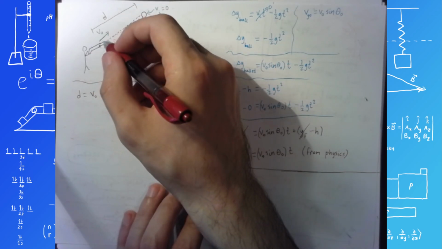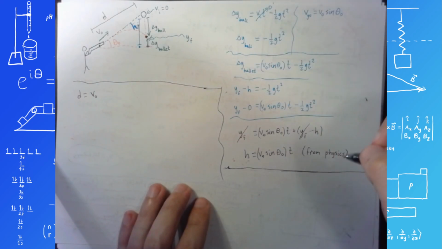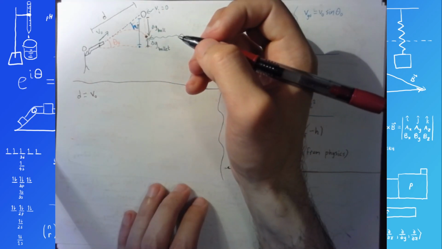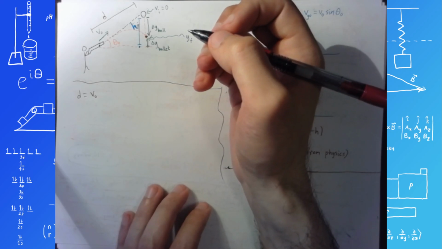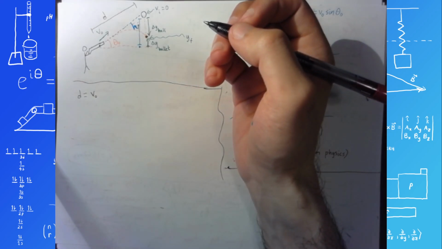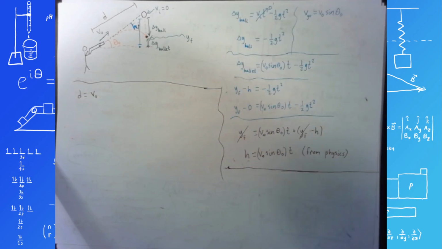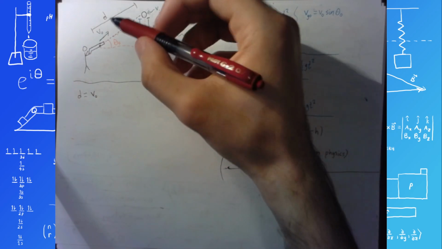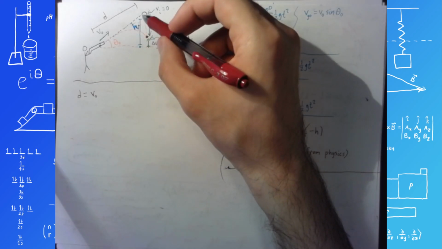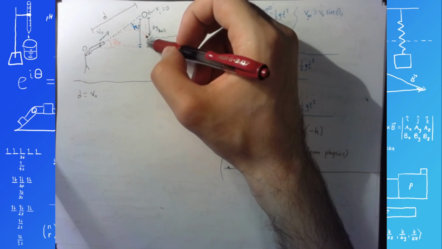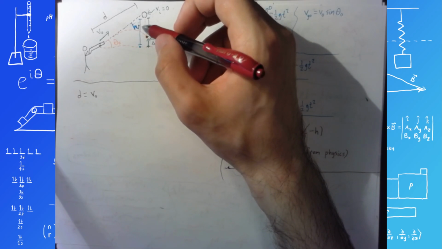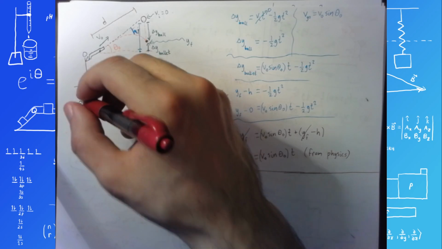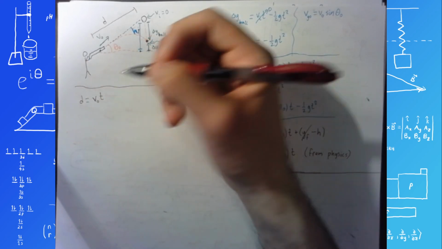If you moved at a velocity of v0 for a time t, wait, would it be for a time t? Let me think this through. It would have to be, right? Yeah, because I'm assuming that the bullet moved in this direction instead of falling, so that shouldn't change the amount of time it's moving. Okay, yeah, so d is equal to v0 times t.